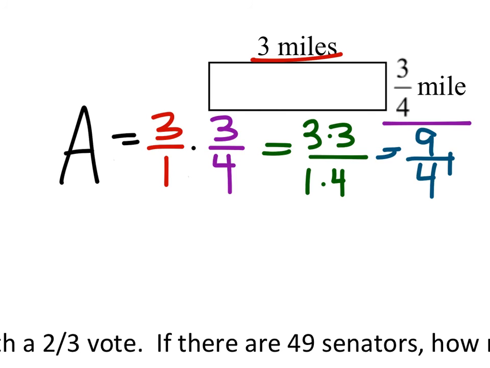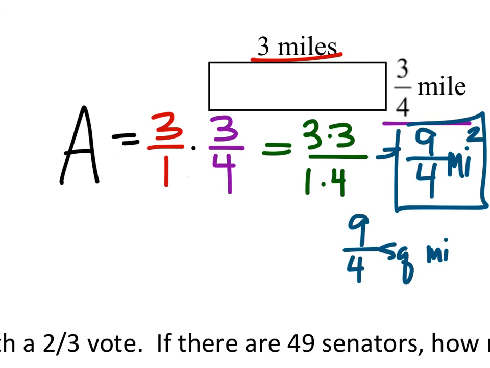Now it's not completely important yet, but area is miles, but this would be squared. Now if you wrote this as 9/4 square miles, that's fine too. But we should label these in any case. Always gotta label them. This one specifically, the 2, indicates that it's 2-dimensional, which is what area is. It has length and width.